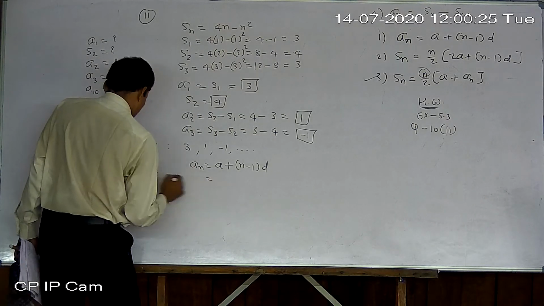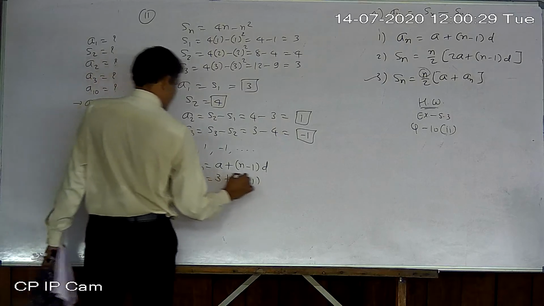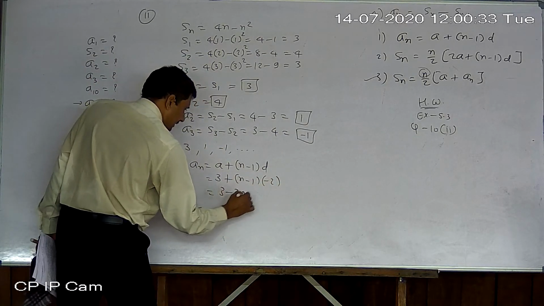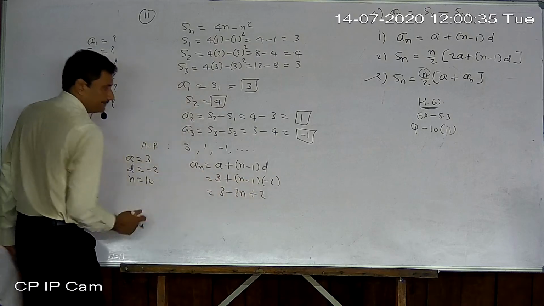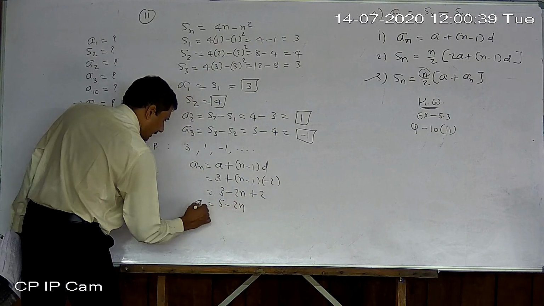So now I am not placing the value of N first of all. D is minus 2, so 3 minus 2N plus 2. Look here carefully, it becomes 5 minus 2N. So that is AN.